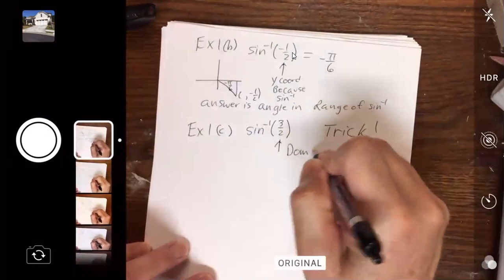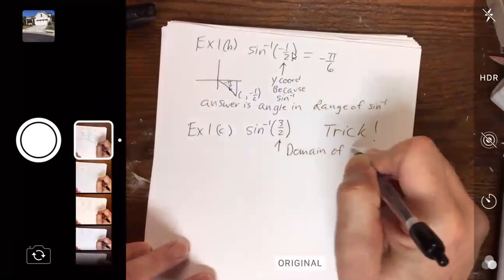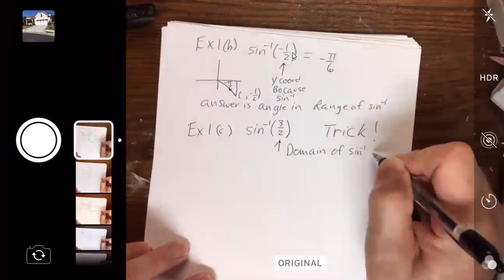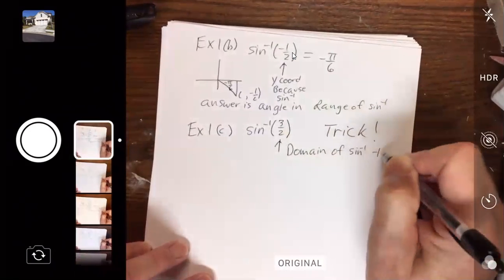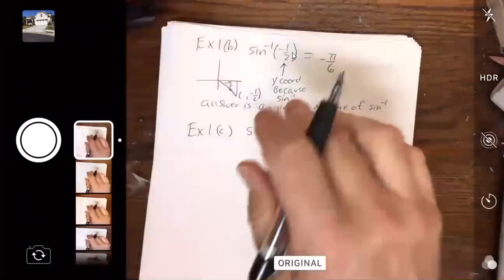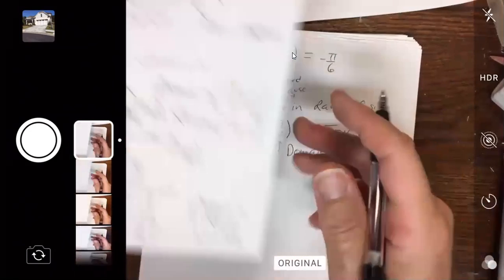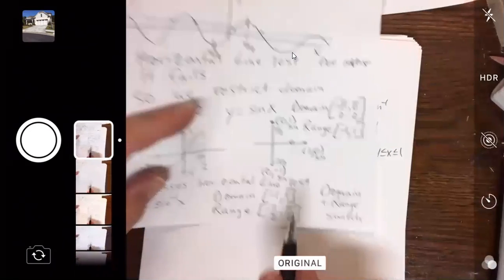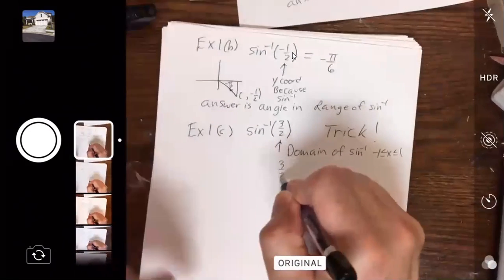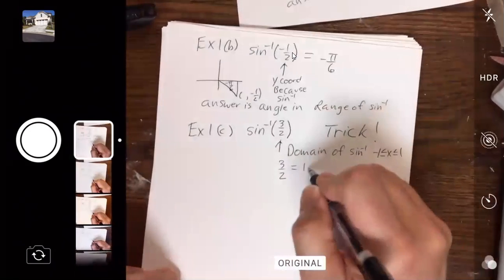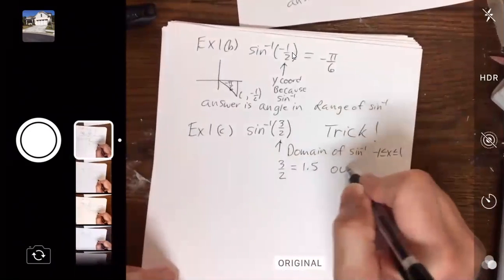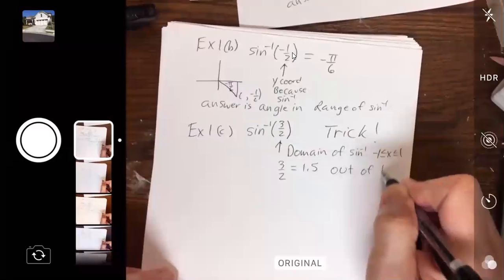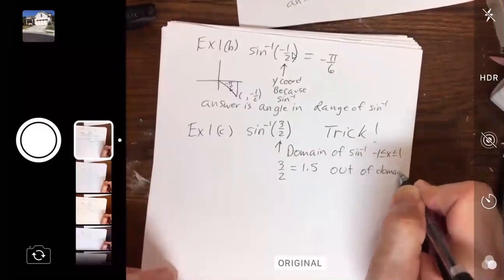Domain. Arcsine was -1 to 1. Go back and put that back up. Yep, domain of arcsine. 3/2, 1.5, is out of domain. It's not between -1 and 1.